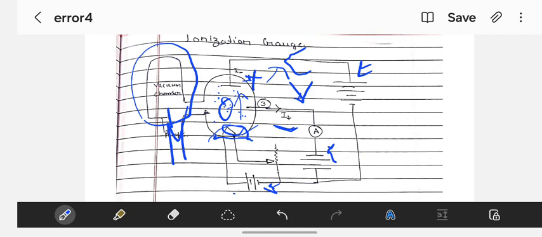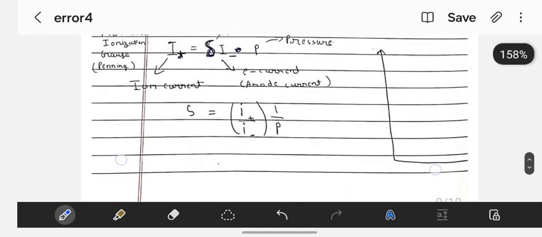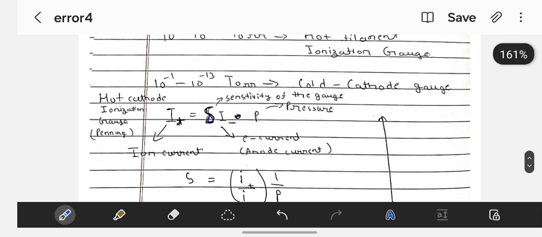That's why we can write this equation: I positive current is directly proportional to pressure, and to the I negative current. More I negative current gives more I positive current, and more pressure gives more I positive current. This S is the sensitivity of the gauge. I hope you get this relation, how we calculated this.